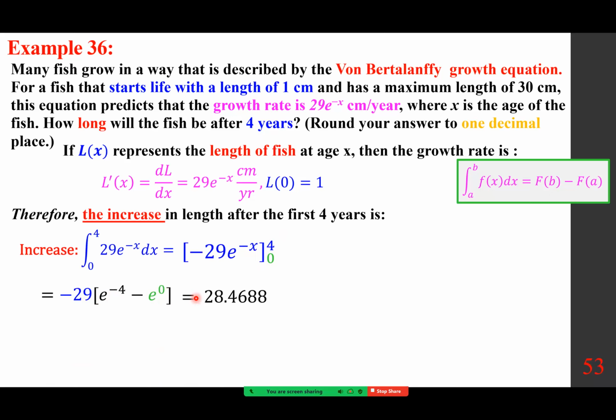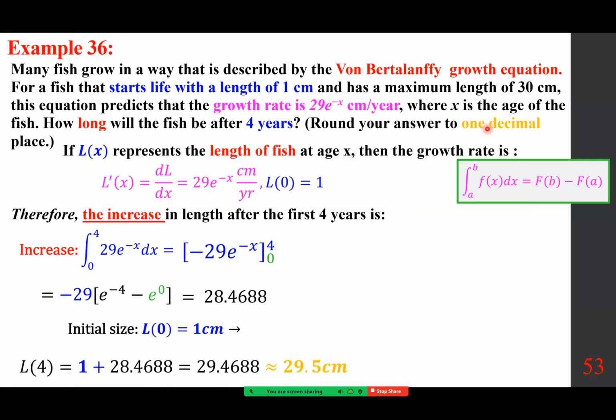And on purpose, I'm using more than what they asked because I want to show you how you do the rounding accordingly. First of all, L of 0 is 1, and it must be added to that. Secondly, they want 1 decimal. So 4 next to the 6, it goes up to 5, 28.5, and 1 is 29.5 centimeters.